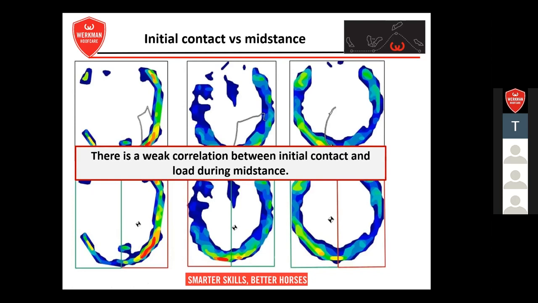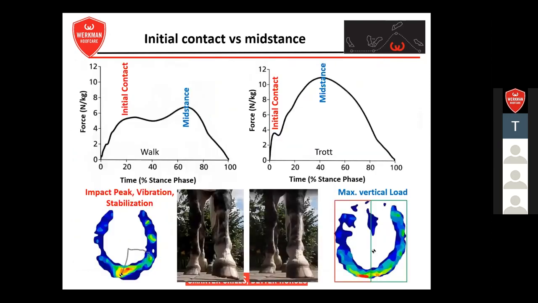So sometimes we really have to treat these two phases differently, or we can't accept that we can change or affect both phases in the same way. The question is, what are we doing with these horses? What are we doing with horses which have a lateral landing, where impact peak, vibration and stabilization, of course, are more difficult for the limb, but during mid-stance we have a very even load?